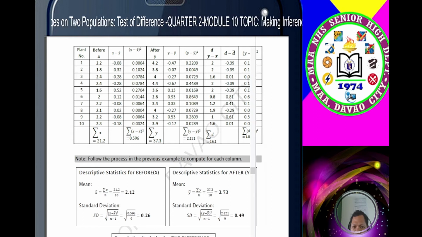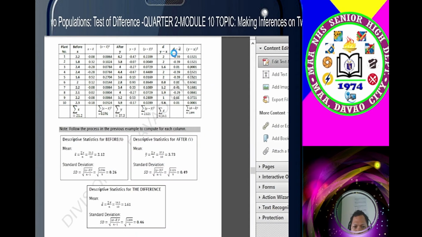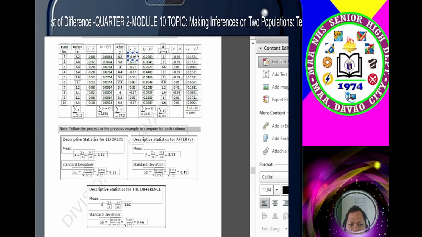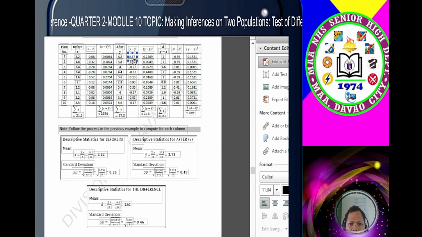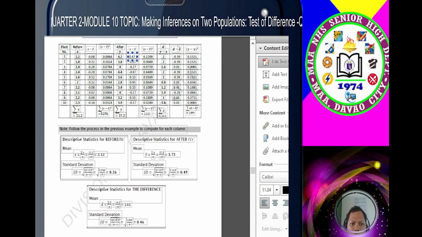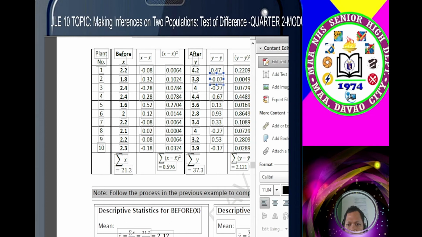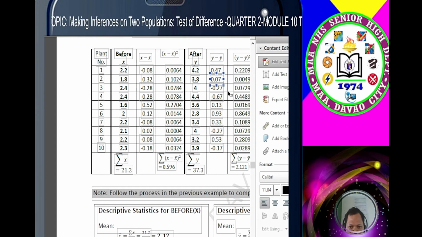So let's correct this. It should be positive. So let's zoom. Okay, so that is positive.